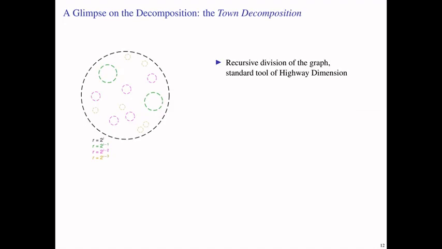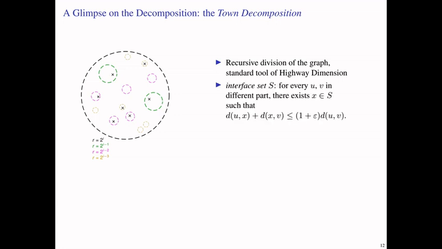So now I'll try to give a quick glimpse of our decomposition. The building block of it is a standard tool of high dimension graphs, which is the tree decomposition. It's itself a recursive division of the graph that has the following properties.